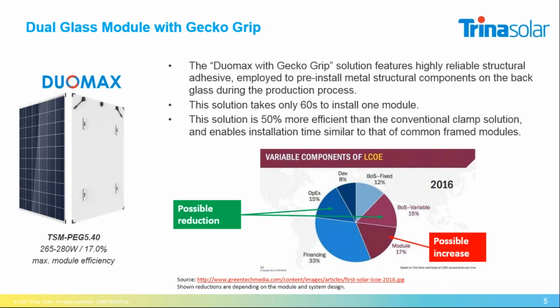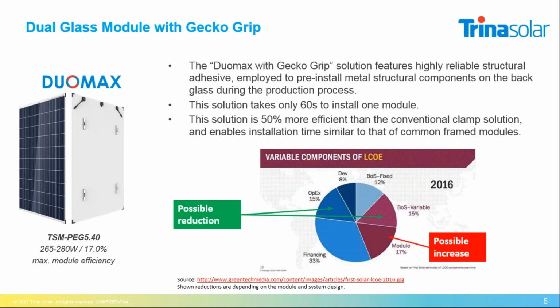We have already tested this and gained experience in Asia. Our experience is that the Gecko grip solution, in terms of installation speed, is approximately the same as for conventional framed modules, since it's easier to put in place and screw from the backside instead of having a clamp to assemble which consists of more than one part.